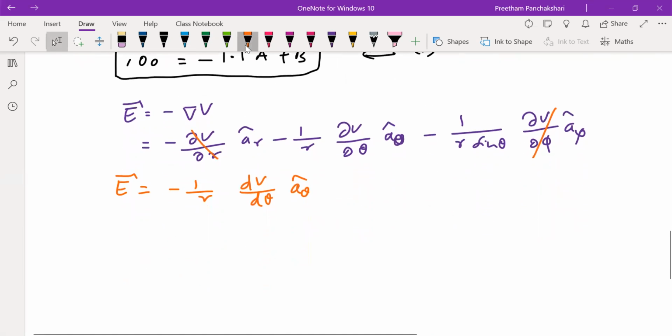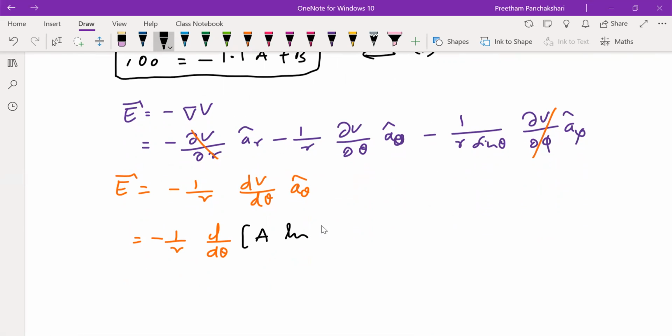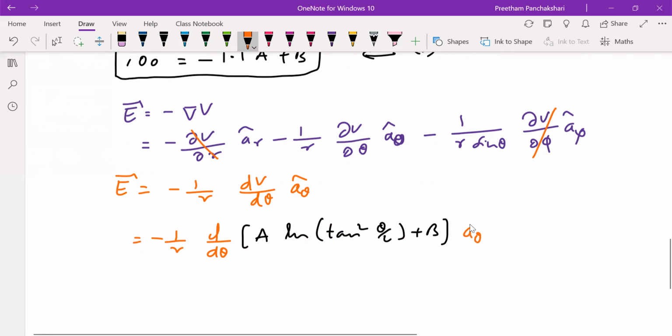So now let us find E, that is d by d theta. In place of V, we shall write A log of tan square theta by 2 plus B, the theta component. We're already familiar with this kind of differentiation. Now A is constant.